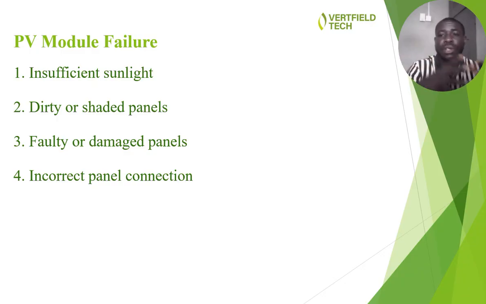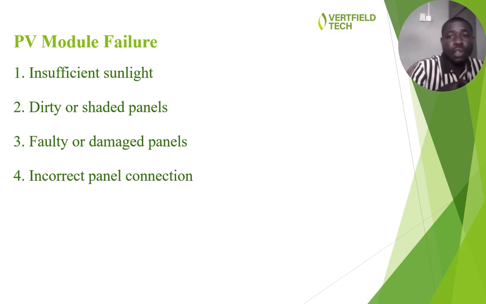So when it does not produce the required amount of solar energy, it means that the system has failed, and that part that's failed will be your PV module side of it, which means your solar panel might not be able to charge your batteries. Yes, and when your batteries are not being charged, this whole system might not function at all. So insufficient sunlight could be one of the things that could lead to PV failure.